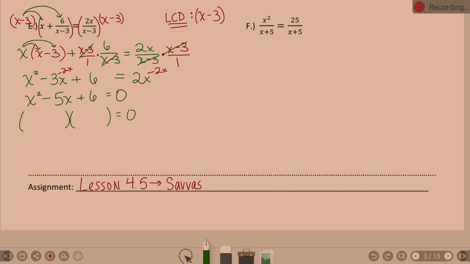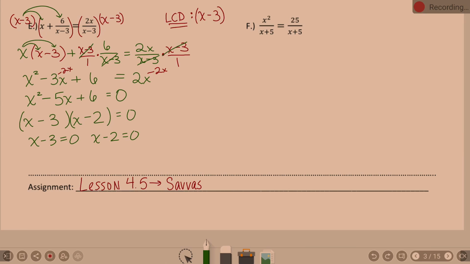X squared is x times x, multiplying to be 6 and adding to be negative 5. Minus 3, minus 2. And of course, set each factor equal to 0. X minus 3 equals 0. X minus 2 equals 0.